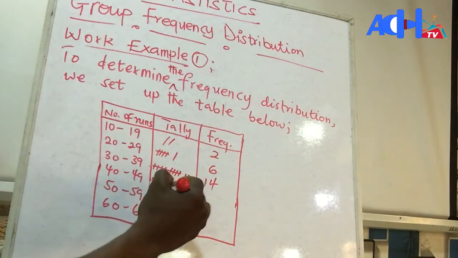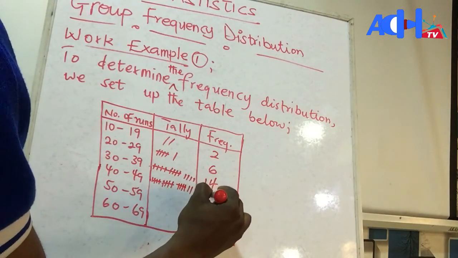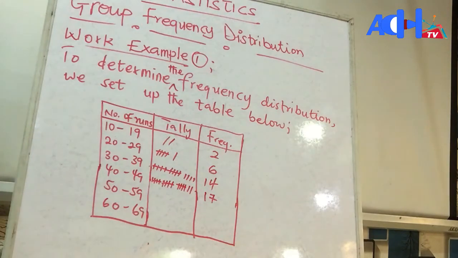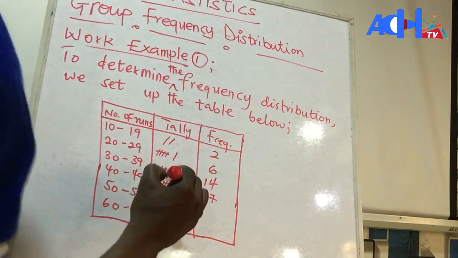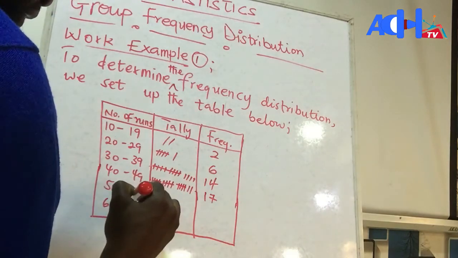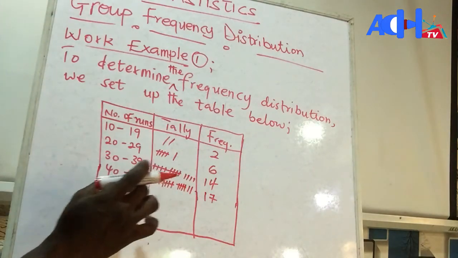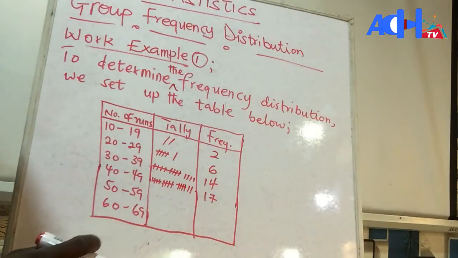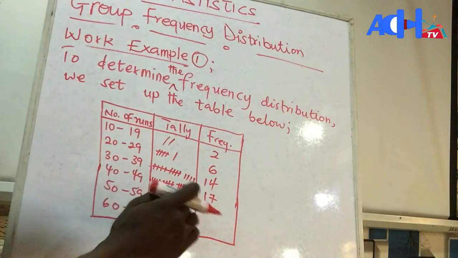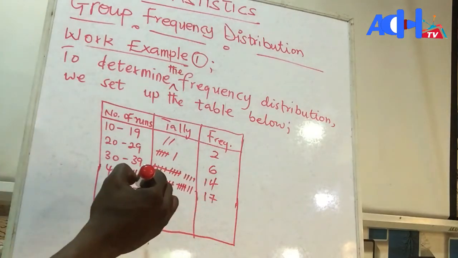So that is 17. Then you do the same process for 50 to 59, the numbers ranging from 50 to 59. It was 8.